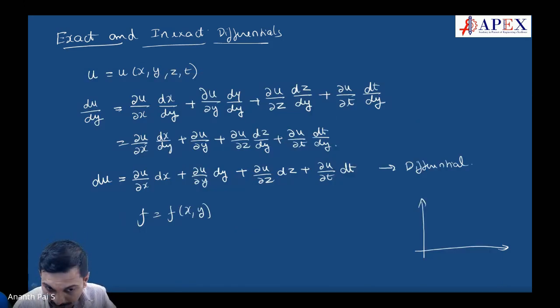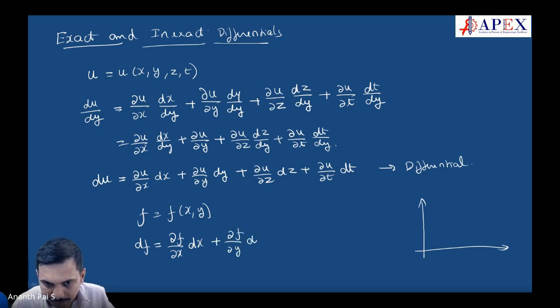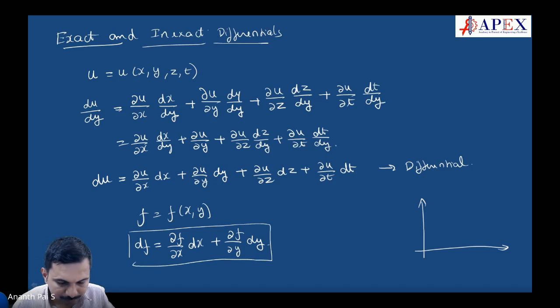Okay. So now if I have to write df, what is df? Df is nothing but partial f by partial x into dx plus partial f by partial y into dy. Make sense? So you write this as equation 1. Write it till now.